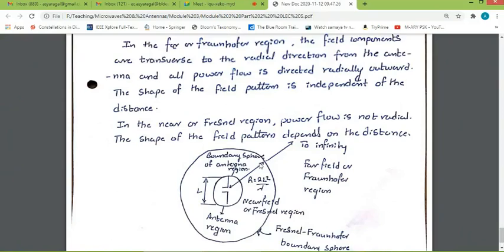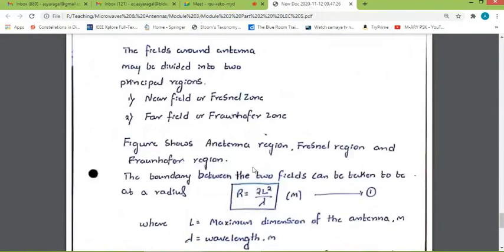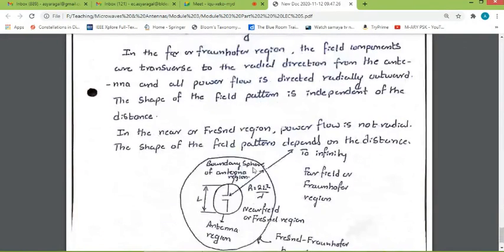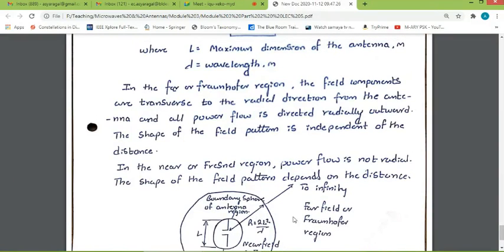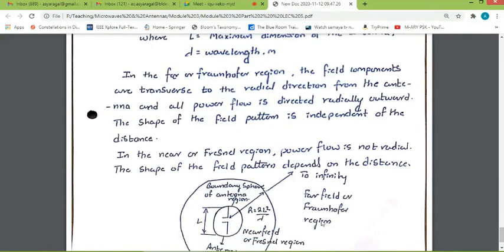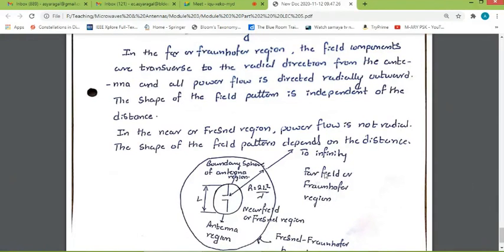Now, in the near field region the power will not be radial, and whatever shape of the field pattern we get depends on the distance. In the far field, the power flow is radially outward. So the shape of the field pattern we get in the far field is independent of the distance.